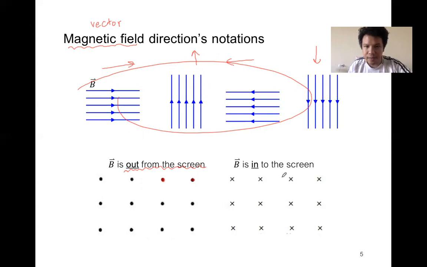But if you are talking about a magnetic field that is pointing into the screen, or pointing away from you when you are looking at the screen, you use the cross instead. Just think about the arrow: if the arrow is pointing out, you are going to see this side of the arrow, and if the arrow is pointing into the screen, you are going to see this side of the arrow.